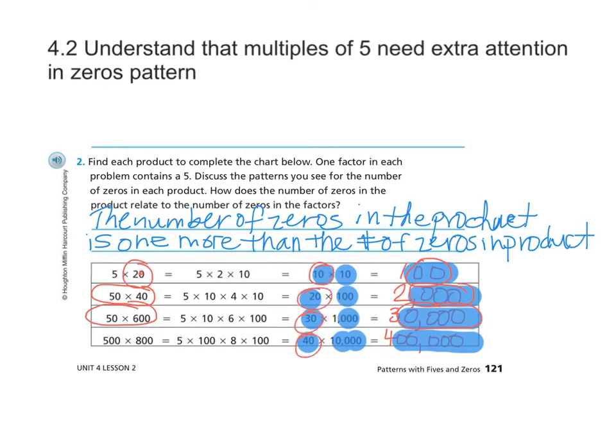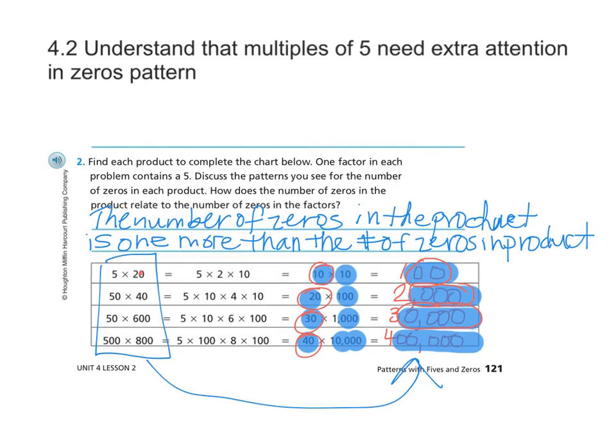So when you are looking at your original problem here, your product has 1 more 0 than the original factors, because that multiplier in with 5 times 8 has a 0 in it. 5 times 6 has a 0 in it, the answer.